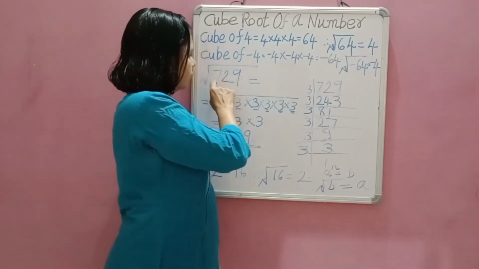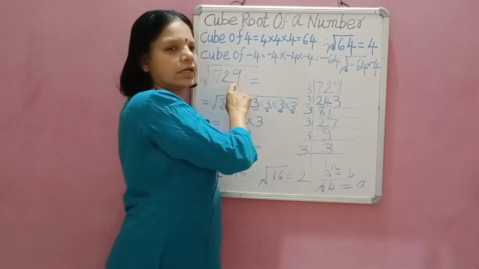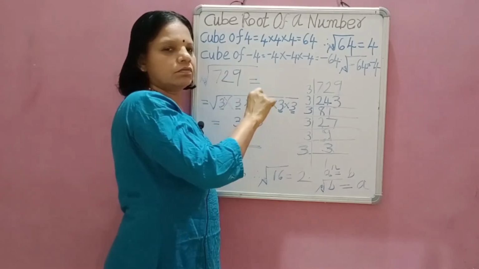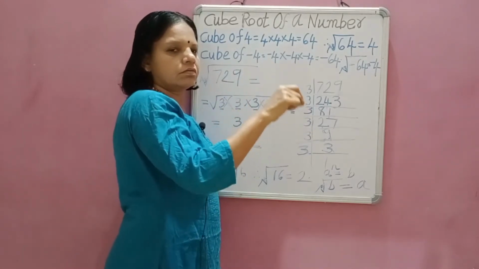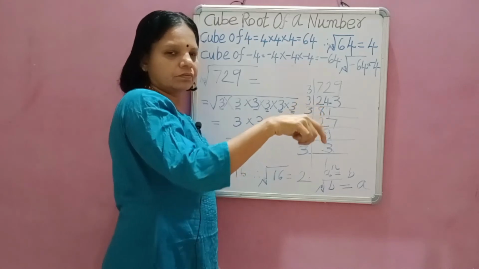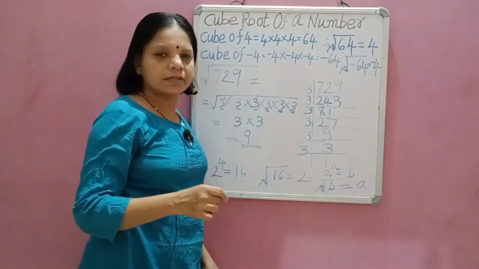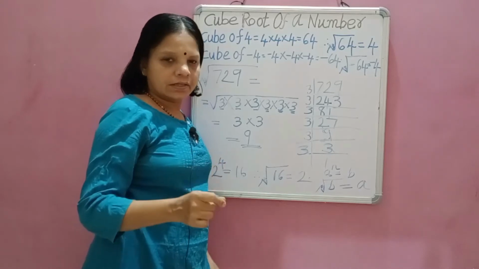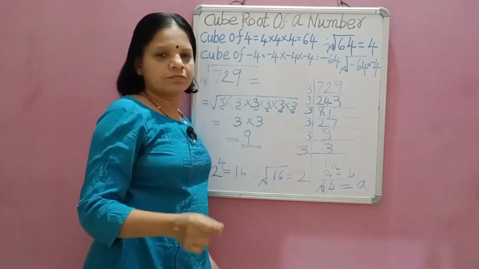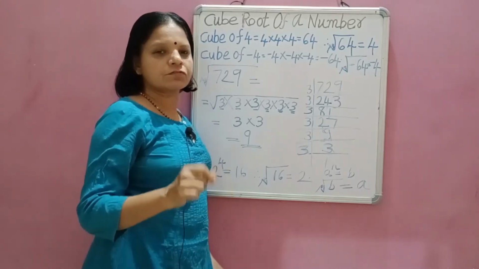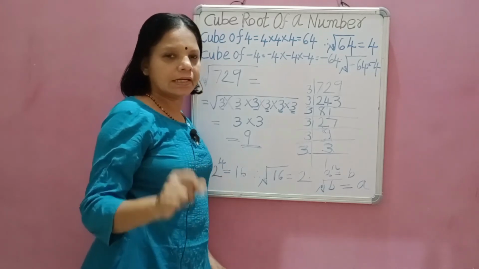We can write minus 729 as minus 9 into minus 9 into minus 9. So a perfect cube can be negative also, whereas perfect squares cannot be negative.